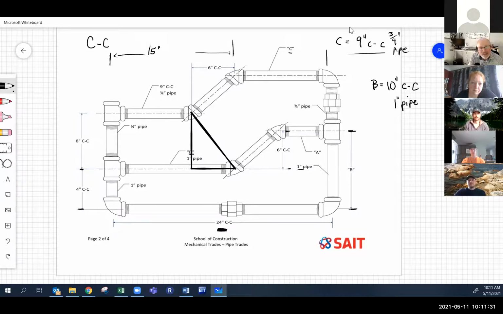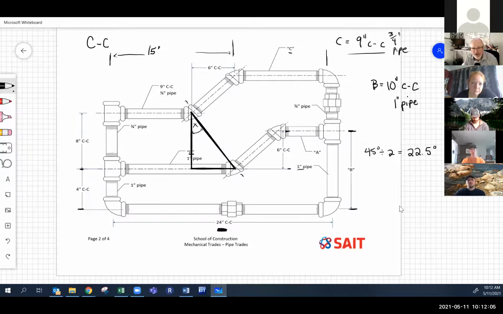What I did is I split the 45s in half, making my right angle triangle 22.5 degrees. So that's 45 divided by 2, right? I cut the 45 in half. So this angle right here on this triangle is 22.5 degrees. Does everybody agree with that statement?